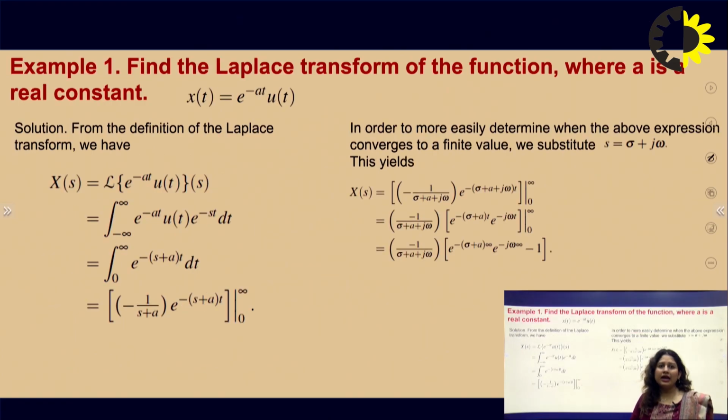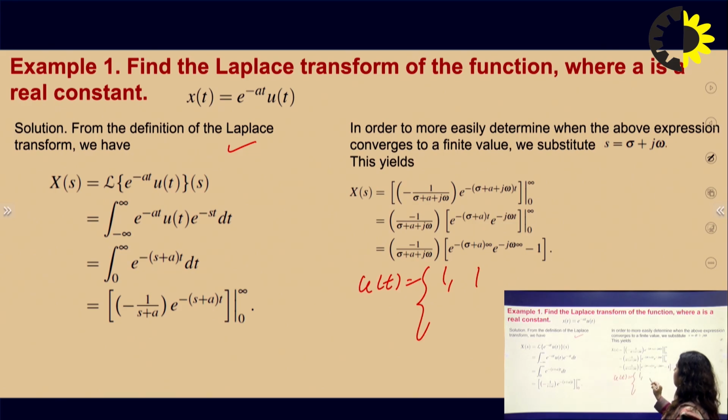Now, a question: find the Laplace transform of the function, where a is a real constant and this is basically an exponentially decaying function, that is x(t) equal to e to the power minus at u(t). From the definition of the Laplace transform, u(t) is equivalent to 1 for t greater than 0 and 0 for t less than 0.